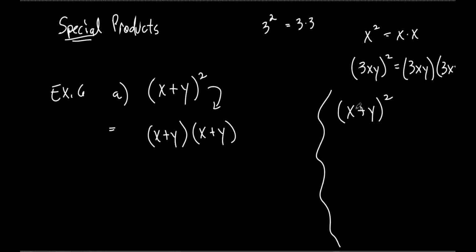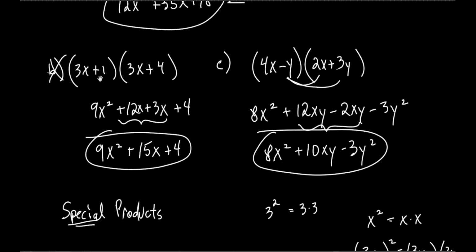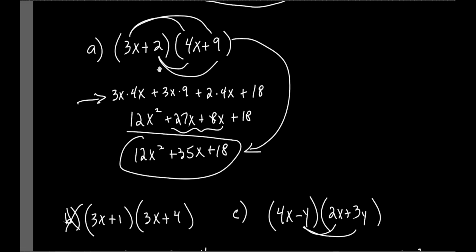A lot of people look at this and say, oh, let's just square everything in here. Let's just go x squared plus y squared. That looks like it should work, doesn't it? It looks like you're just distributing that through there. But there is no distributive property with exponents.